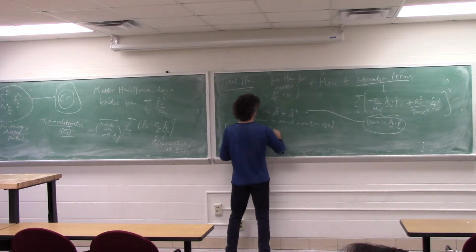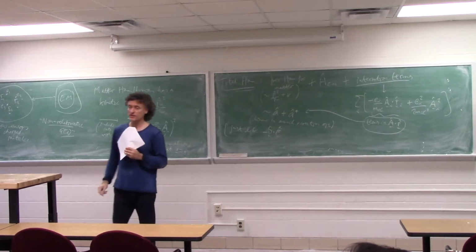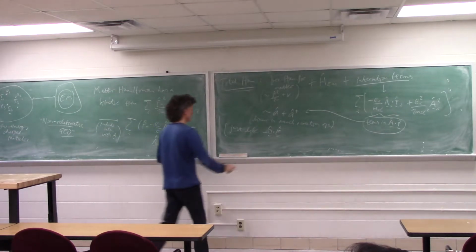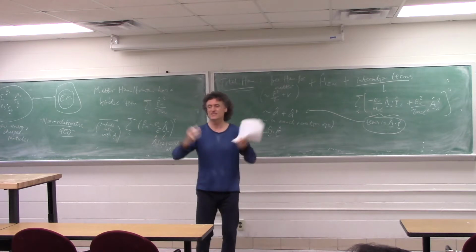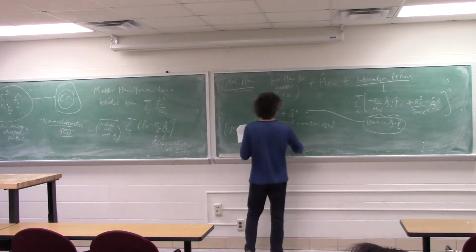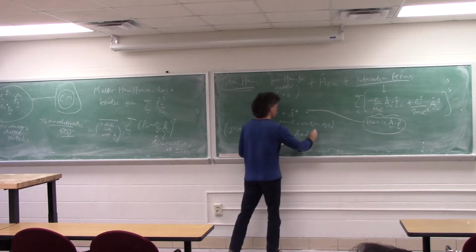Just like what we looked at before, we looked at the electric dipole interaction, d dot E. E is minus the time derivative of A, but it's still linear in annihilation and creation operators.